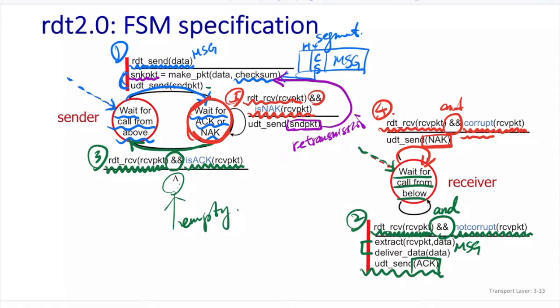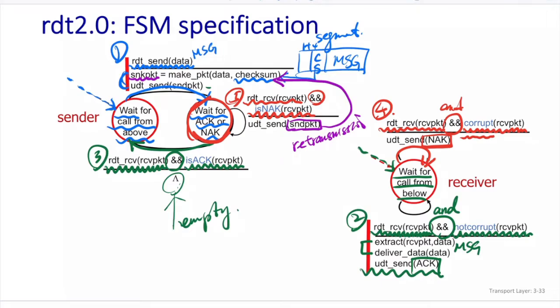And again, if everything goes fine, then the sender and the receiver will go 1, 2, 3. The sender sends messages, the receiver receives and delivers, and then sends ACK back to the sender, and the sender receives this ACK. Then everything is fine.